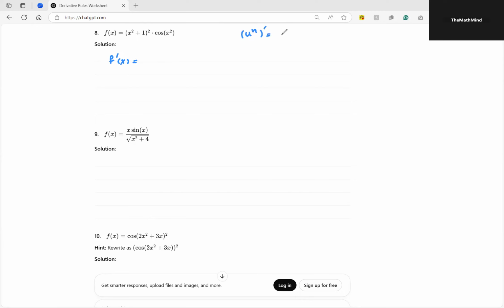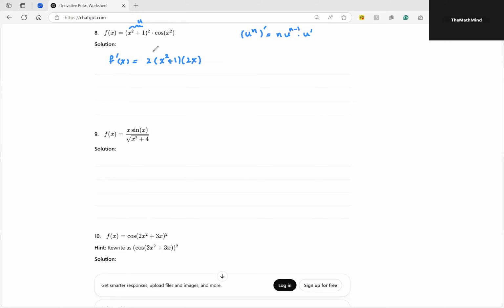The derivative of this function will be n u to the n minus 1 times u prime. So what is u here? U is x squared plus 1. So the derivative of the first function is 2 times x squared plus 1 to the power of 1, and then multiplied by u prime.